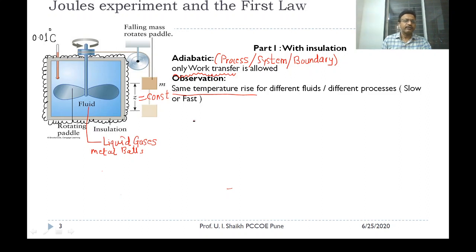He repeated the experiment by dropping the weight slowly or dropping the weight rapidly, but in all the cases, the same temperature rise was observed. So, whatever may be the type of the fluid or the method of dropping the weight, delta T observed was the same. This was the element of surprise.